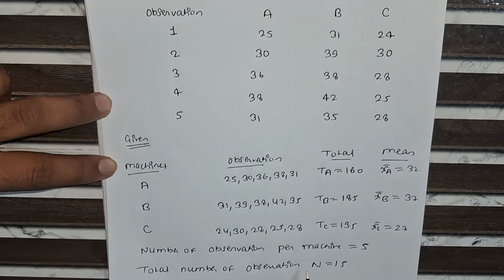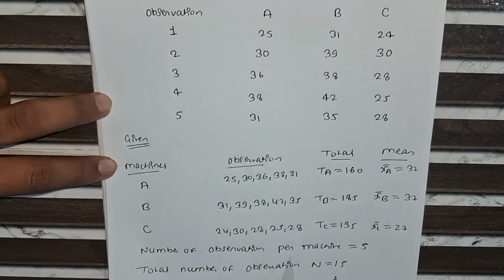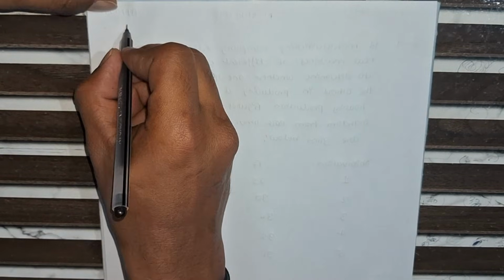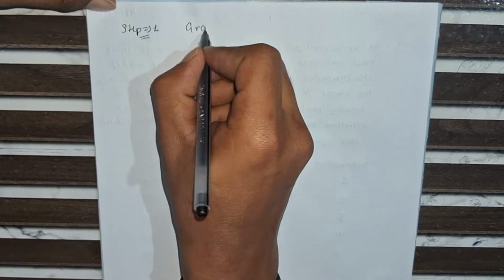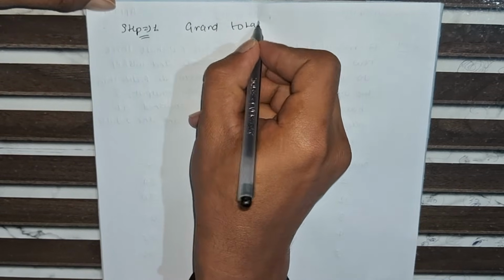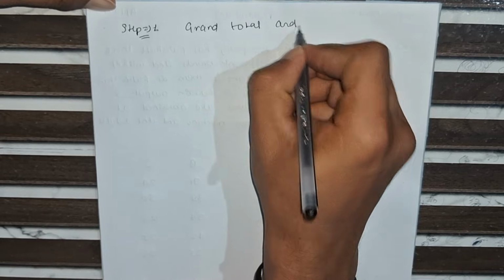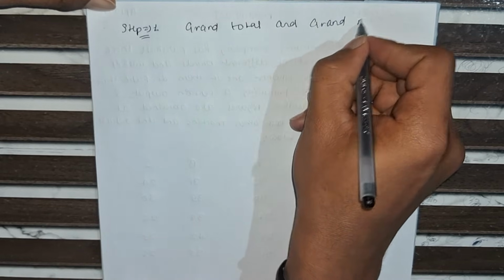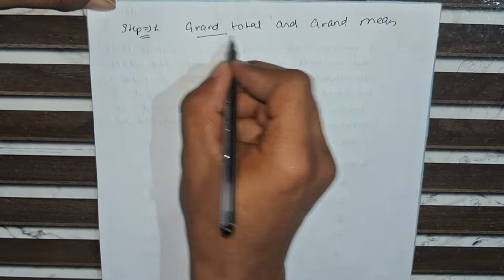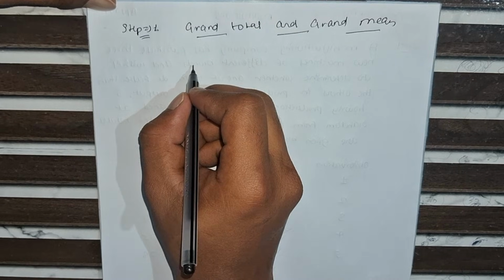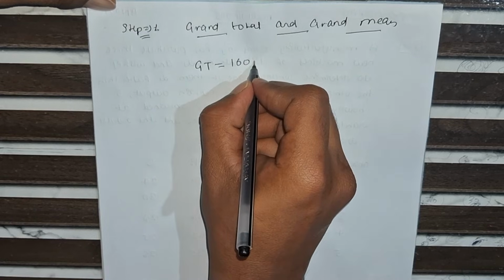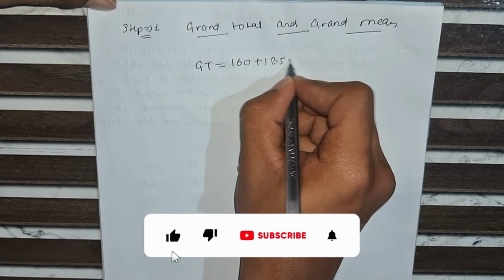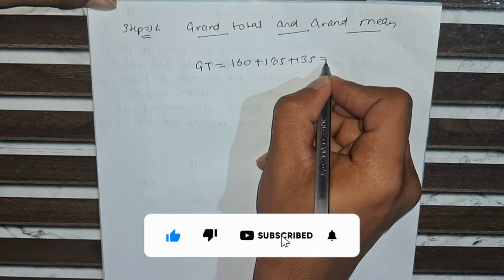So now let's solve it step by step. What is our first step? Where we are calculating grand total and grand mean. So our step 1, where we are finding grand total and grand mean. What is the formula to find the grand total, which is equals to 160 plus 185 plus 135, which is equals to 480.